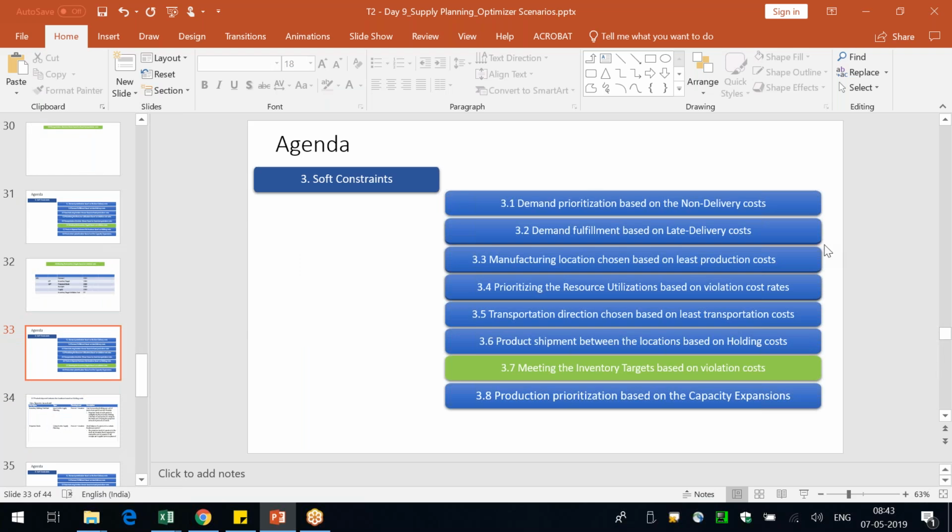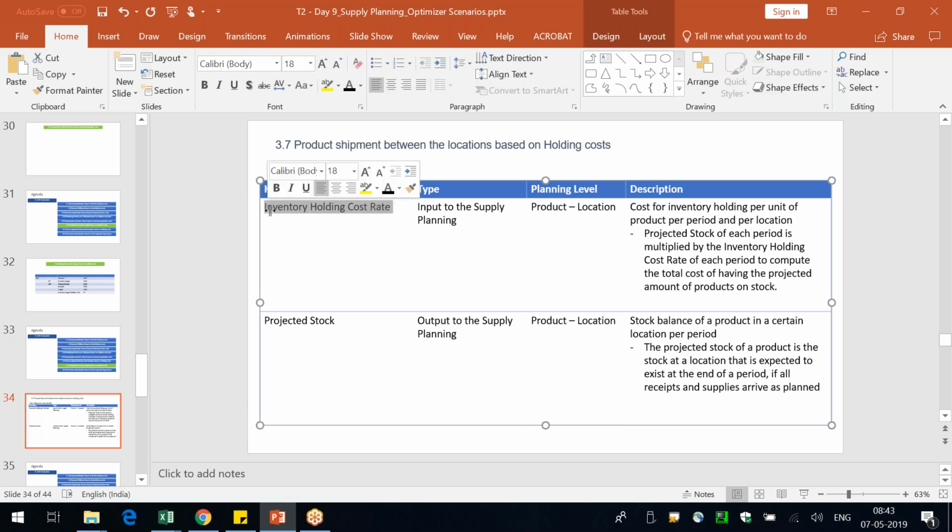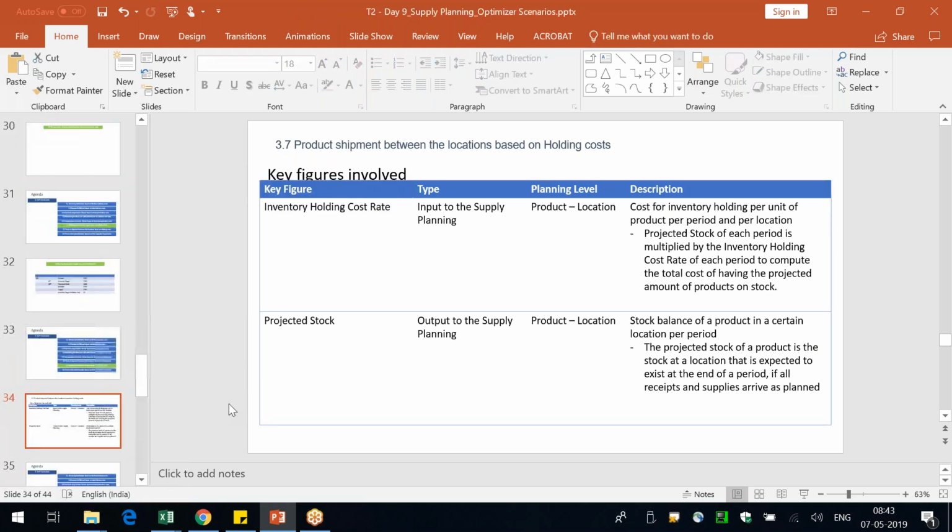And then there is this 3.6. I think the slides have gone wrong. That is the product shipment between the locations based on holding costs. So you guys remember there is something called inventory holding cost rate. I think previously we have touched base on it.